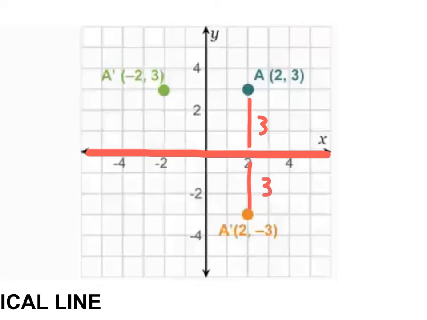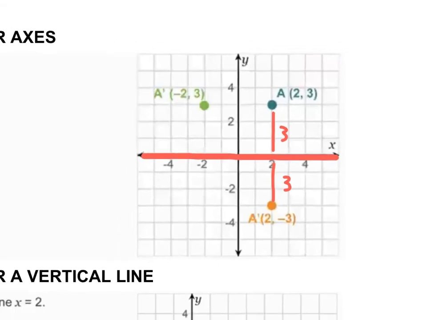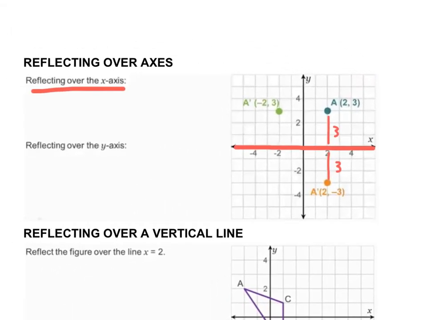It's easy to do on a graph, but the question is what's happening to my points as I reflect over the x-axis? Here's my point 2, 3, and all of a sudden my new point is 2, negative 3. So what you want to realize is that the x value stays the same.